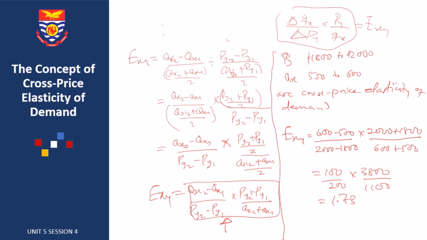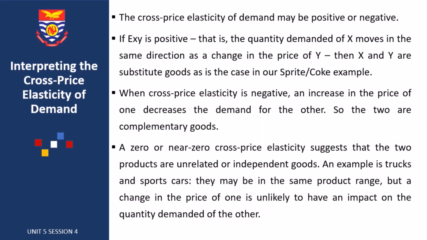We are going to look at how to interpret the cross price elasticity of demand and bring the session to an end. Okay, how do we interpret the cross price elasticity of demand? So the cross price elasticity of demand may be positive. The one we just solved was a positive value, but you have to know that it can be positive or negative.